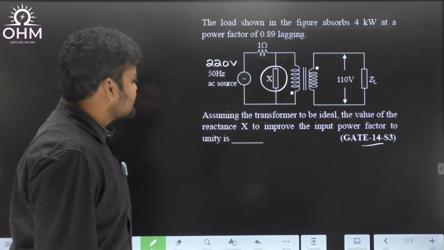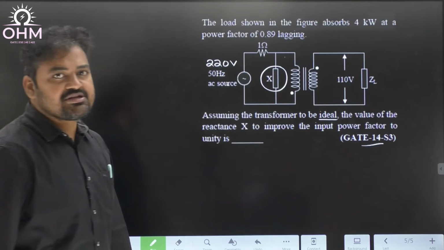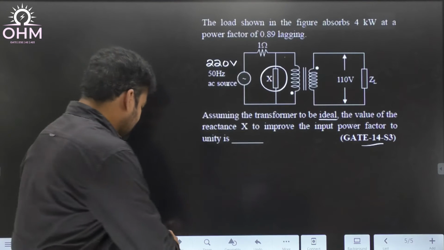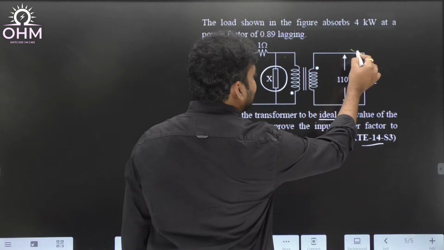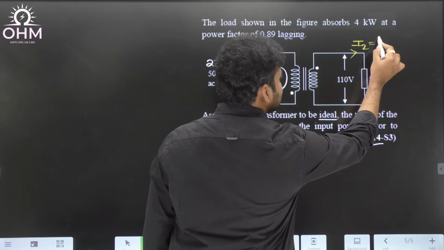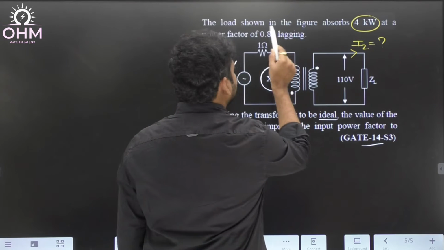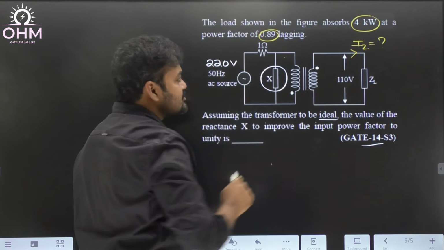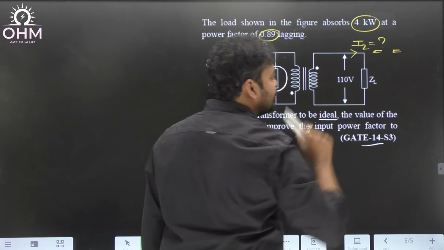Understand? Most importantly, the transformer is ideal. Therefore, no load current is neglected. See how to proceed with this problem. Very simple. You see that the load is drawing some current, this I2. First, our duty is to find this I2 because the load active power and power factor were given. So definitely this I2 will have an active component as well as a reactive component.